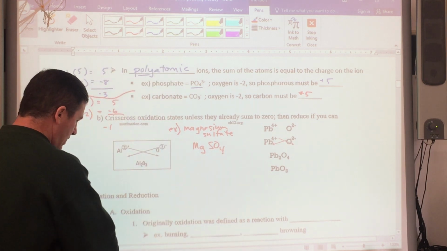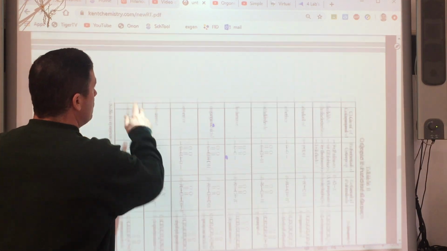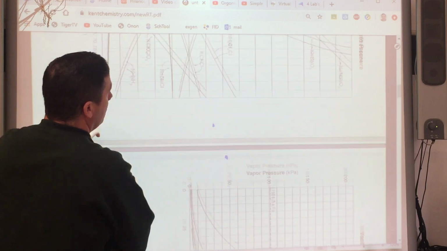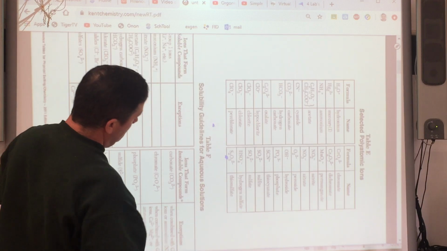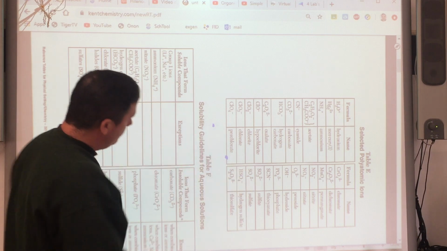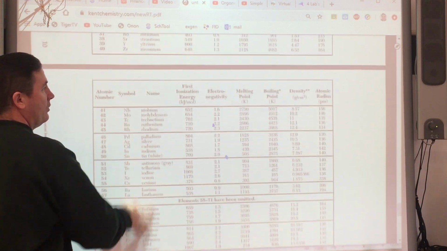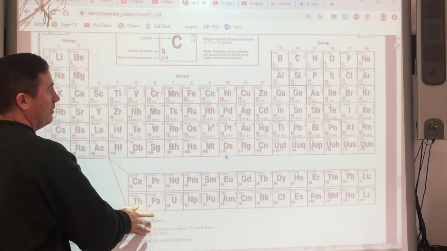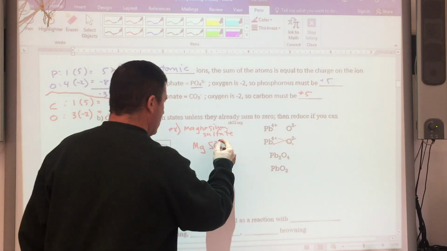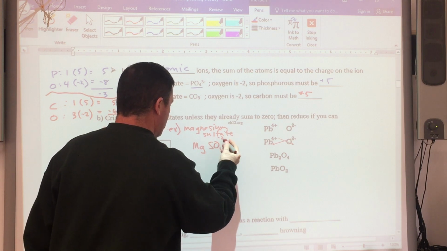Well, if I look at Table E, I think sulfate is a -2. Let's make sure. Okay, sideways. Sulfate is a -2. So this whole thing here is a -2. Okay?